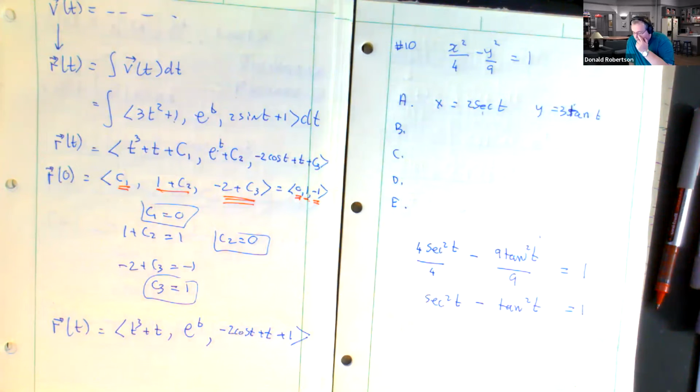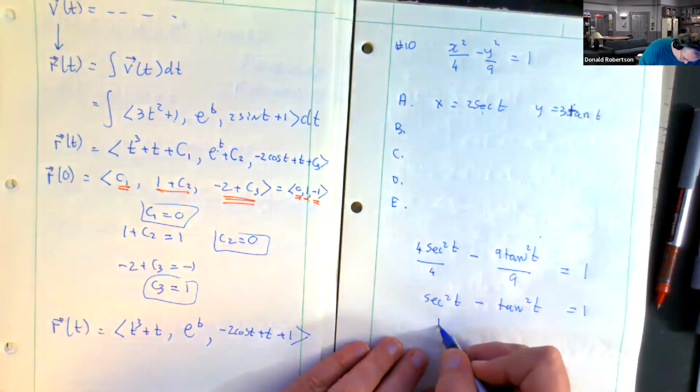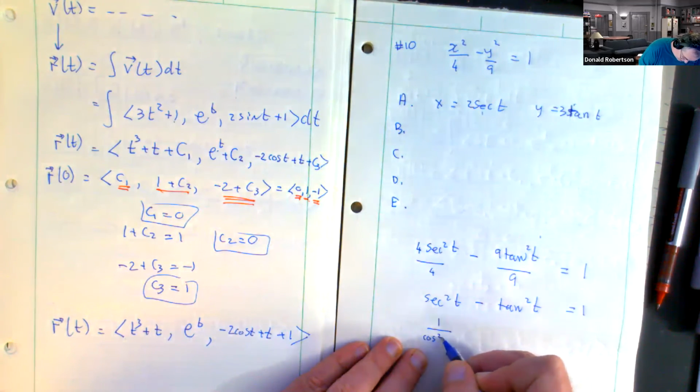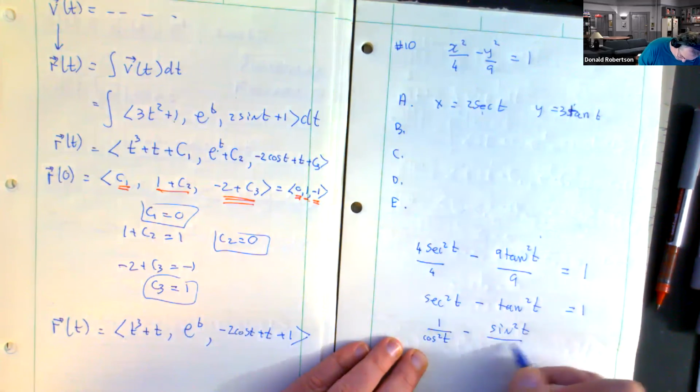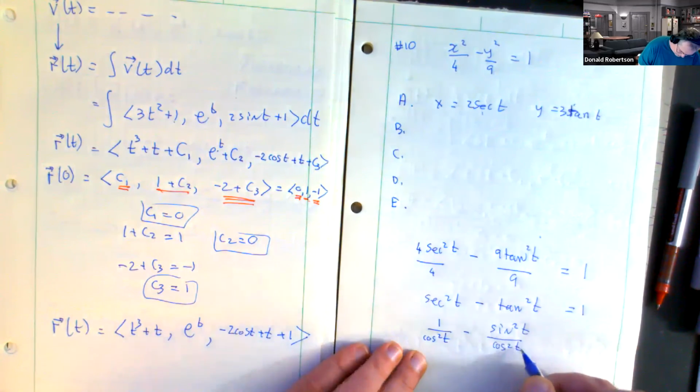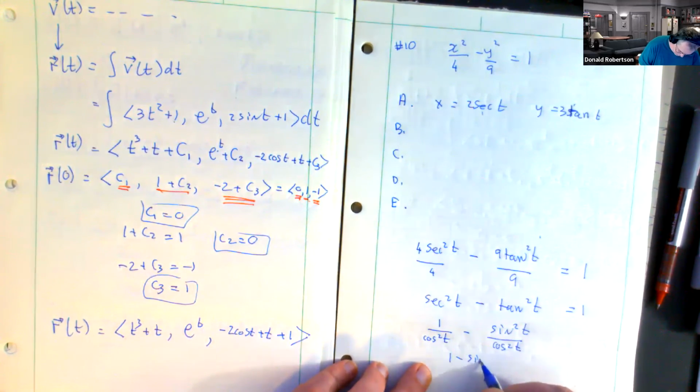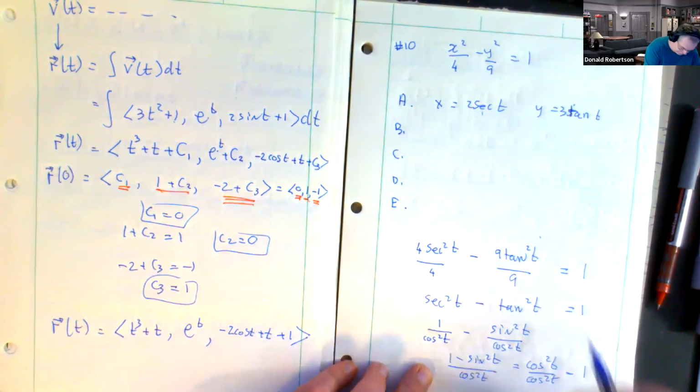Is that true? If it is, we're finished. Right, let's suppose we don't know. 1 over cos squared t, take away sine squared t over cos squared t, becomes 1 minus sine squared t over cos squared t. 1 minus sine squared can be written as cos squared. And it works, so stop looking.